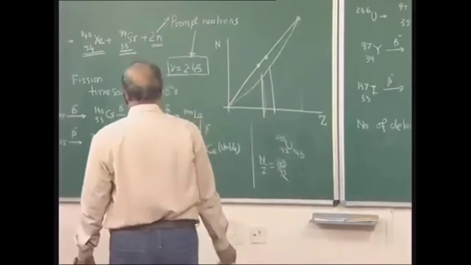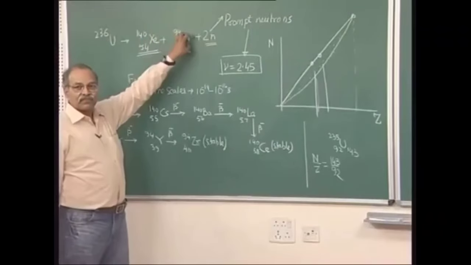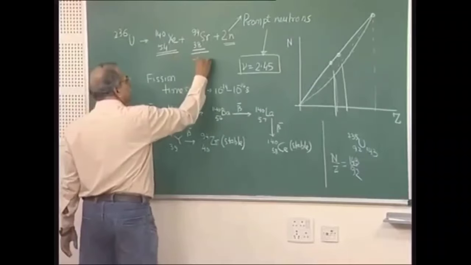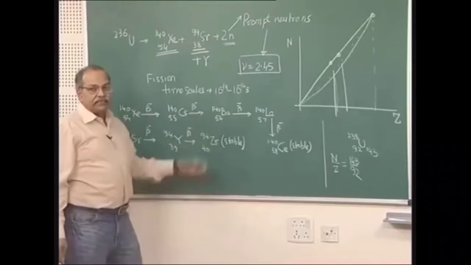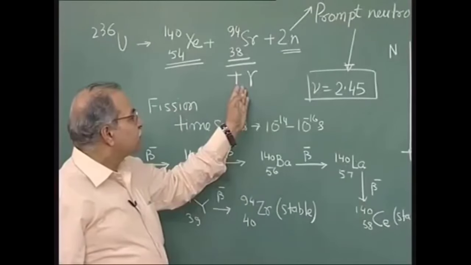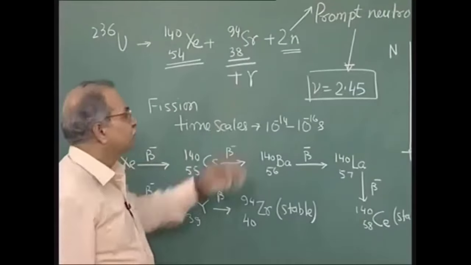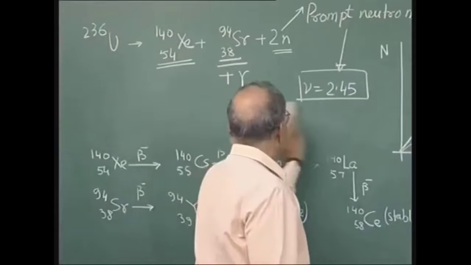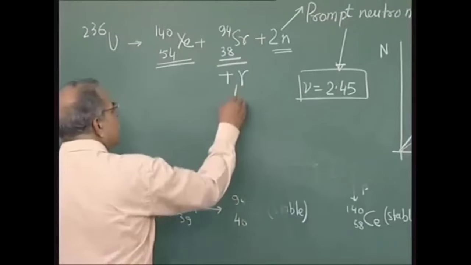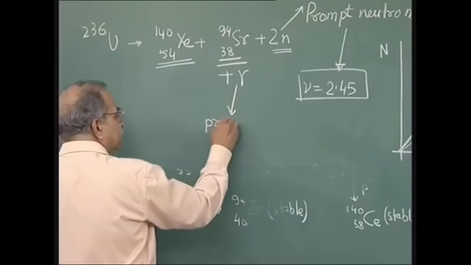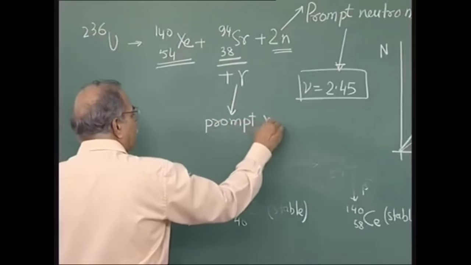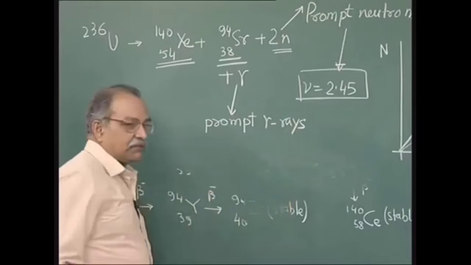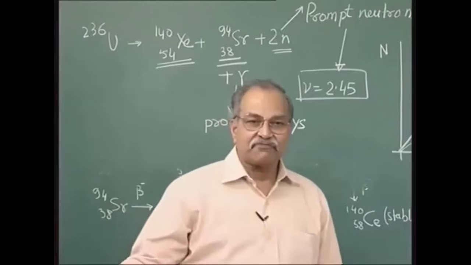These fragments created after this fission are at much higher energy, and therefore they also emit gammas, and these gammas are called prompt gamma rays, or gamma photons. Prompt means just immediately after the fission.